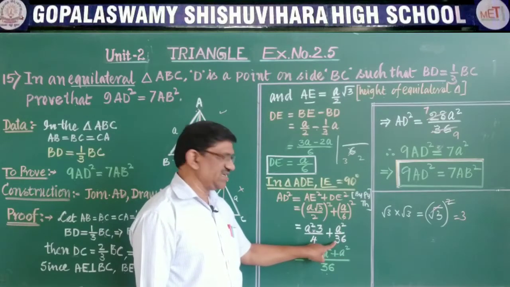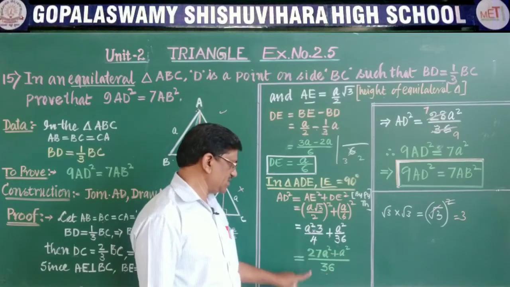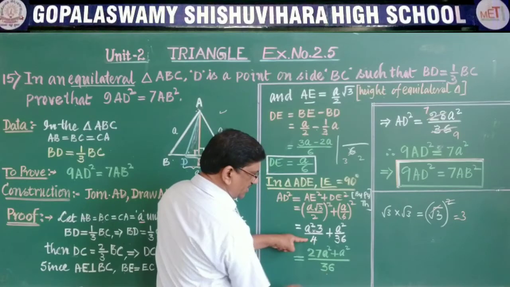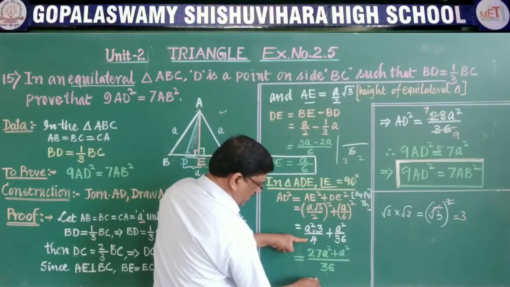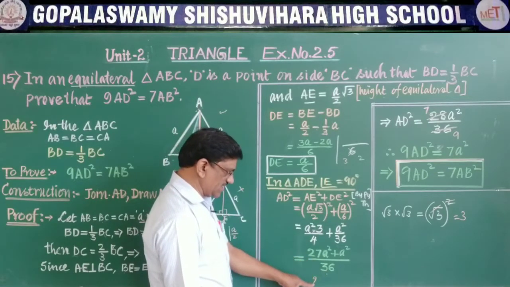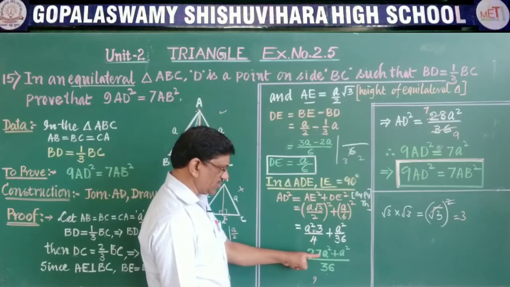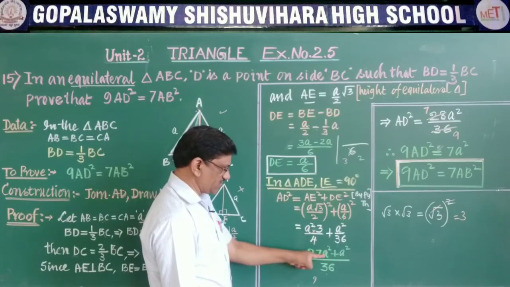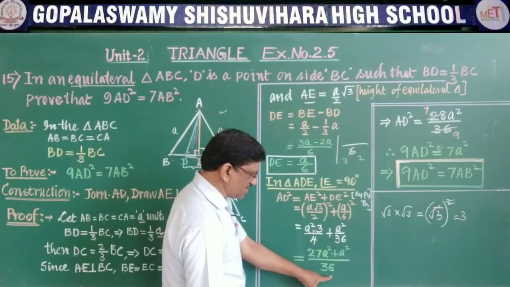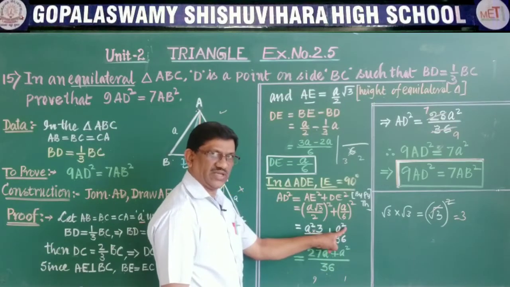So how many times 4 is equal to 36, children? 4 9s are 36, so 9 is the quotient. 9 into 3, 9 3s are 27 A square, plus, for 36, 1 into A square is A square.